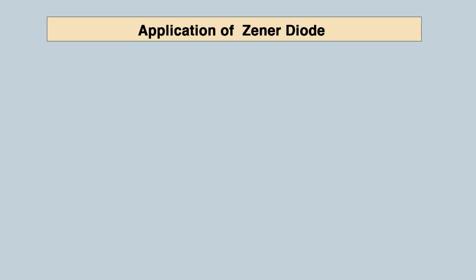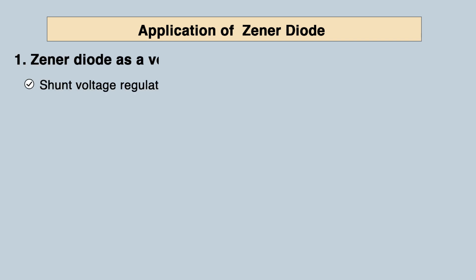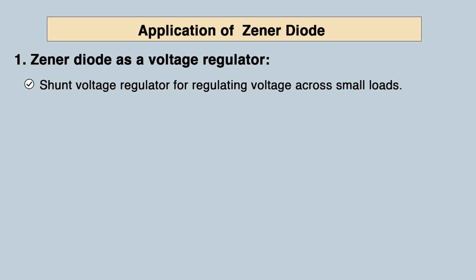Now let's discuss about the applications of Zener diode. Zener diode as voltage regulator. Voltage regulators are the areas where Zener diode is used. Zener diode is used as a shunt voltage regulator for regulating voltage across small load.